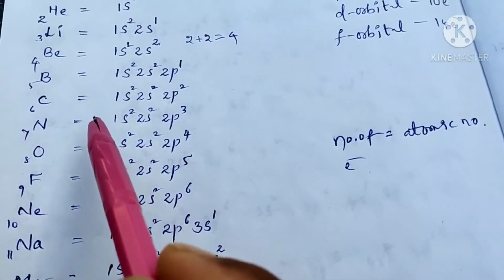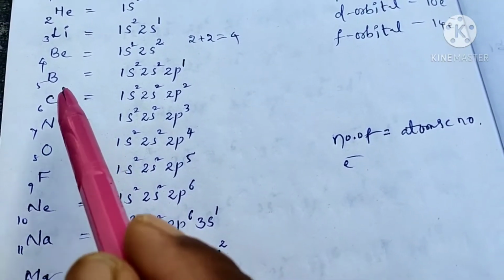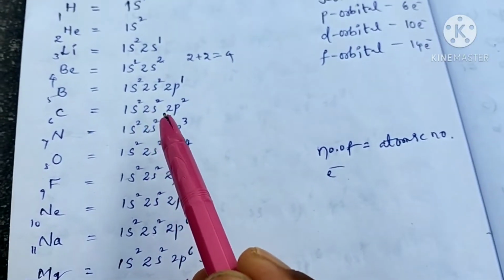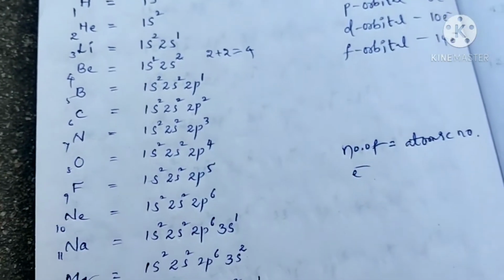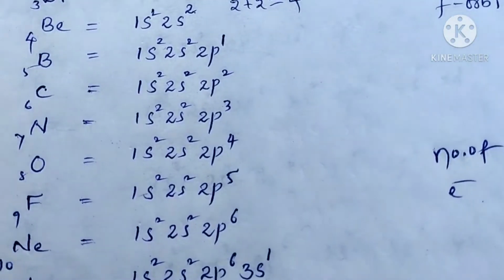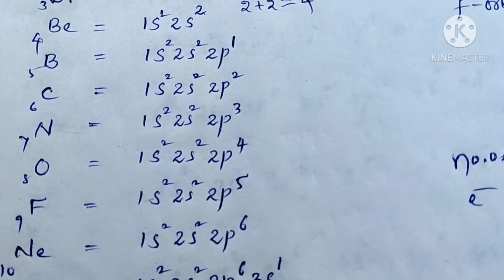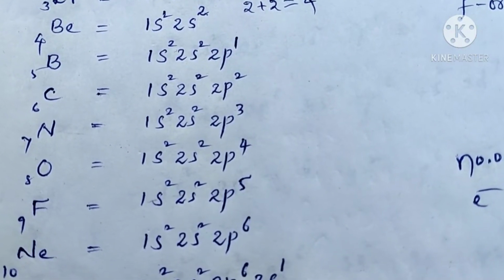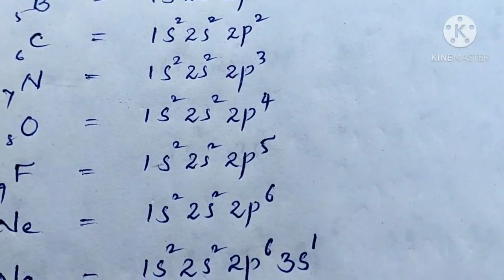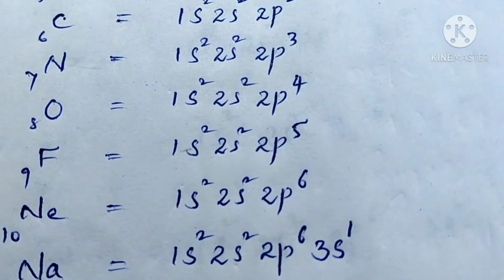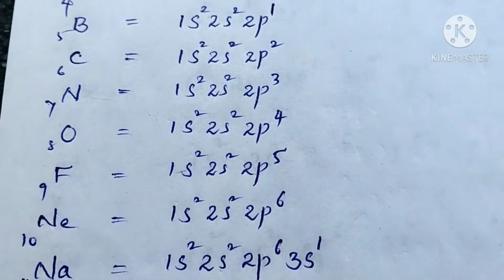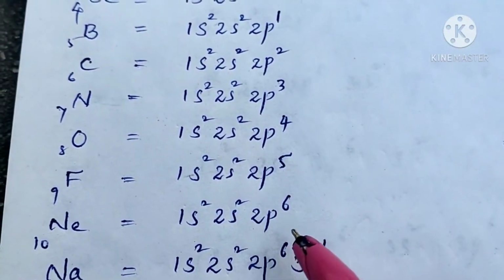See here, boron 2p1, carbon 1s2 2s2 2p2, and nitrogen 1s2 2s2 2p3, oxygen 1s2 2s2 2p4, and fluorine 1s2 2s2 2p5, neon 1s2 2s2 2p6. So p orbital can accommodate a maximum of 6 electrons.